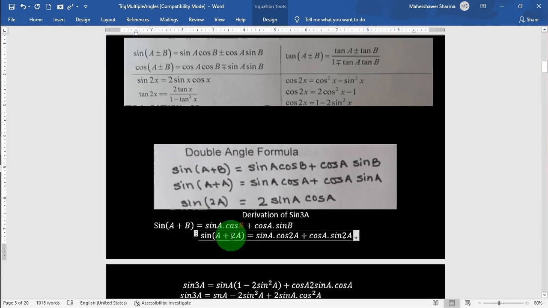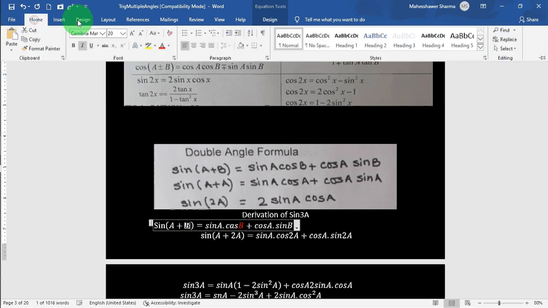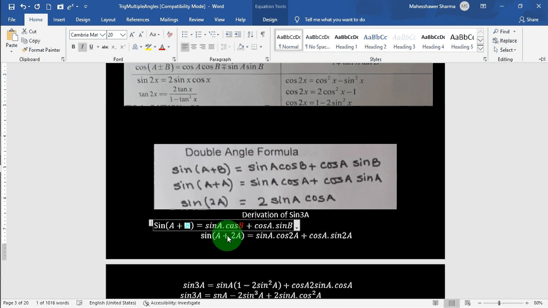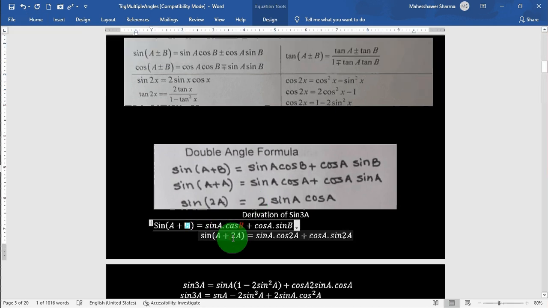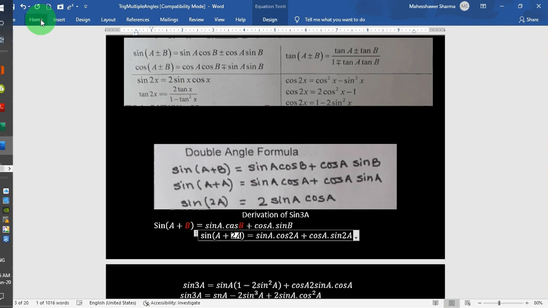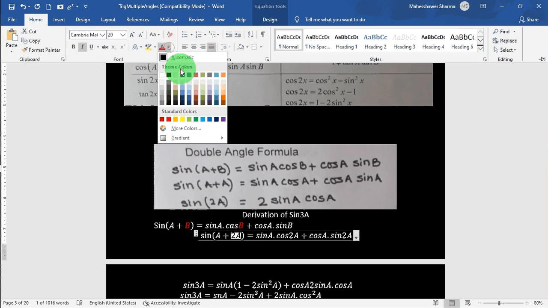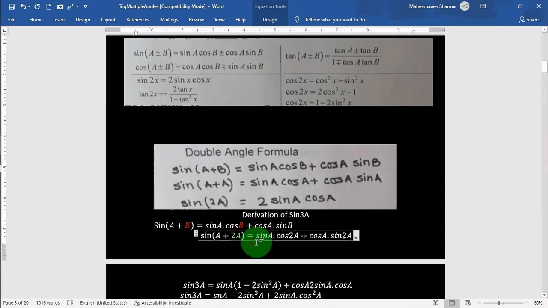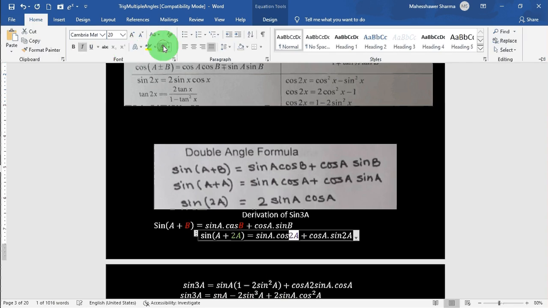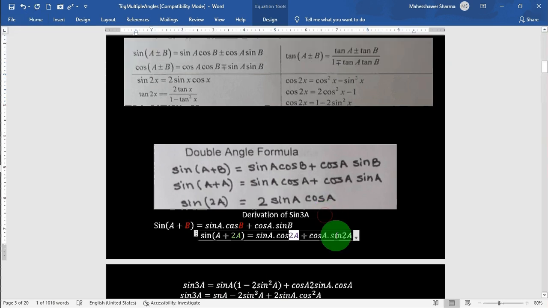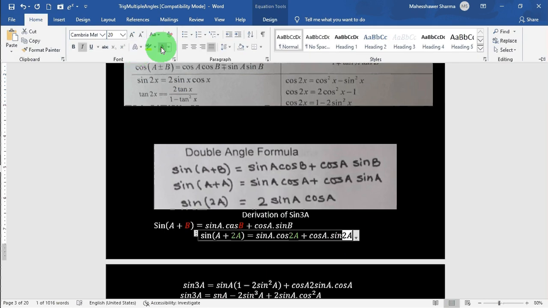I will just mark this so that it will be easy to understand. In place of b we have written 2a. We are replacing all b by 2a, so here also we get 2a.